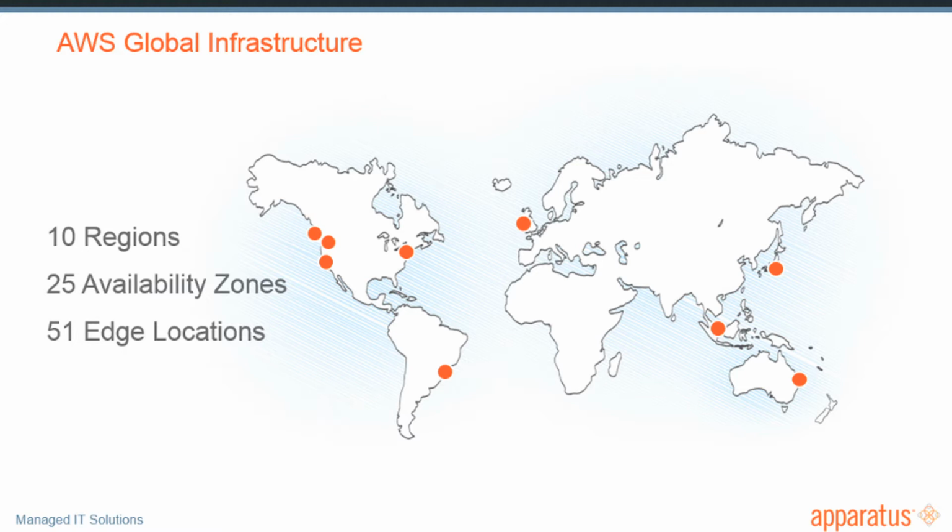And also on this map where it says edge locations, AWS has what they call CloudFront, which is a content delivery network. This would be used by probably your websites. It caches your images, your videos, your documents, any type of static content to help keep things quick.